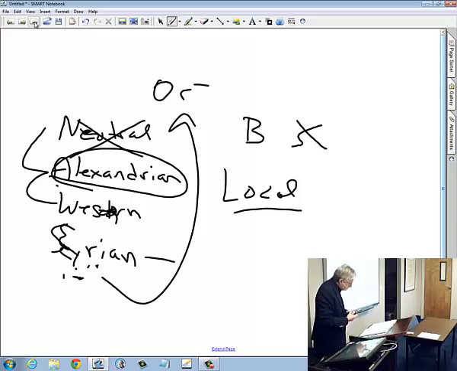Then the Western text was divided between the true Western and the Caesarean, what he called the Caesarean text. And what we call the Byzantine, or Syrian, he changed to Byzantine. All right, and that's, I think, the more common designation here.